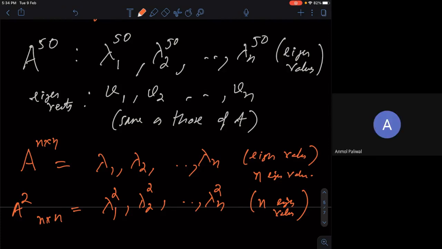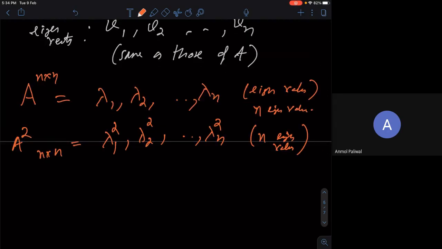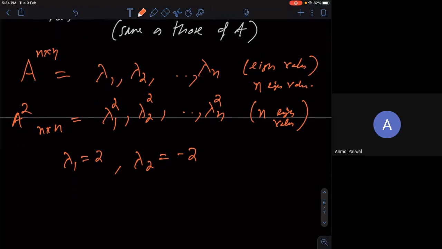Sir, I have a doubt. Suppose lambda 1 is equal to 2 and lambda 2 is equal to minus 2. Their squares are both 4. So how can we say that? So for A, these are the eigenvalues.